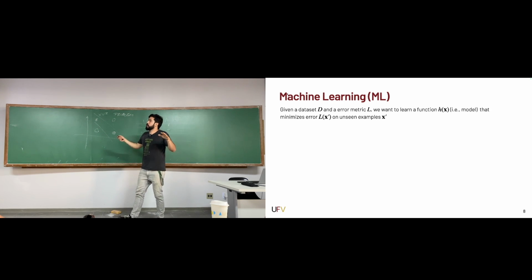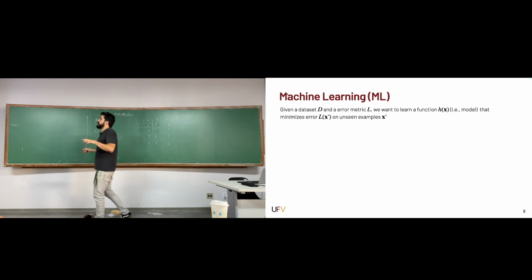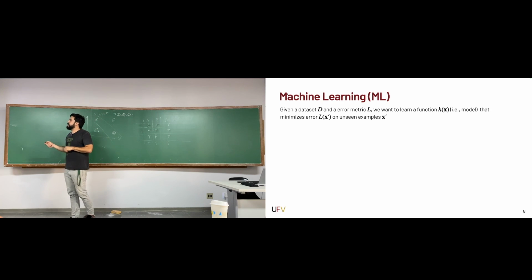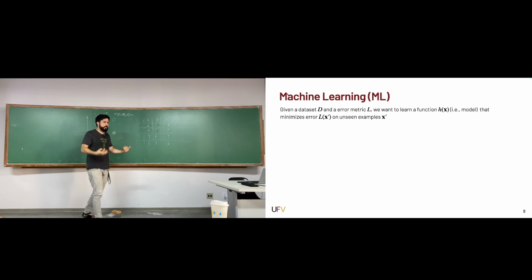So we have already some important components here. We have a data set, we have a loss metric, or an error metric, L, and we have a model. And we want to minimize the error of that model with respect to that metric.